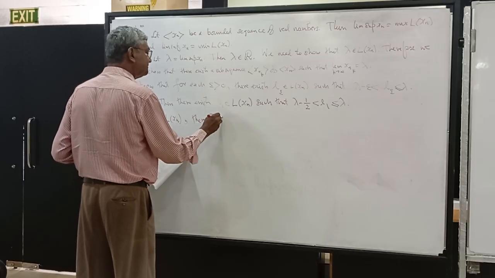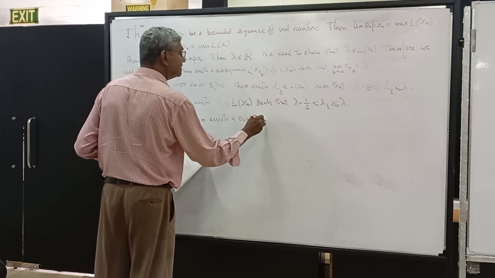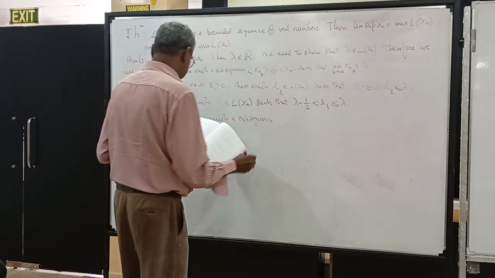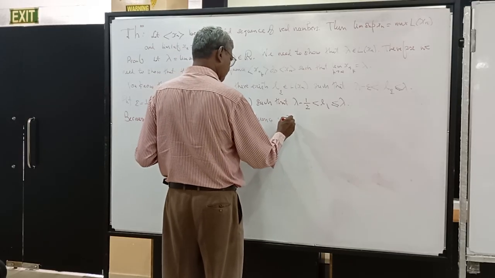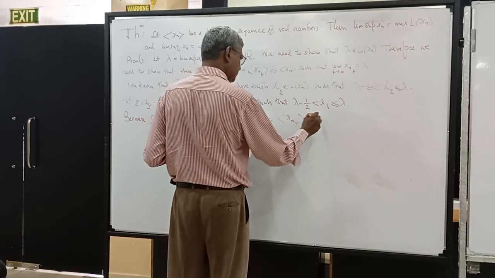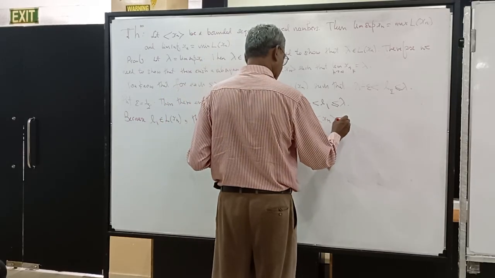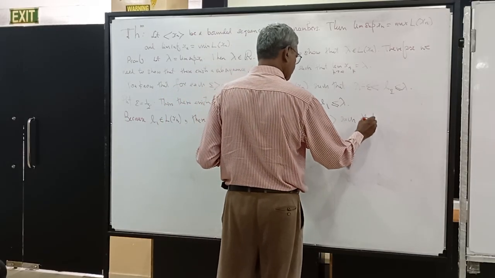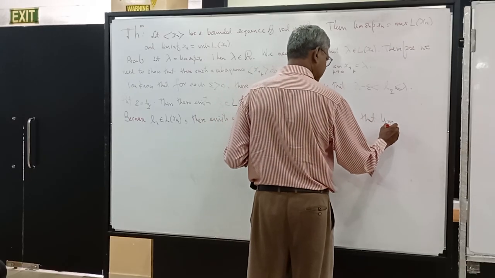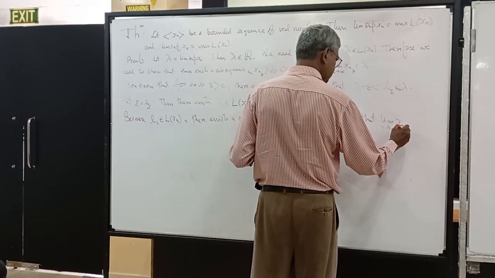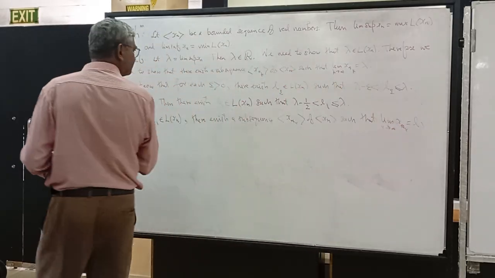There exists a subsequence x_{n_k} of Xn such that the limit as k tends to infinity of x_{n_k} is equal to L1. Right?